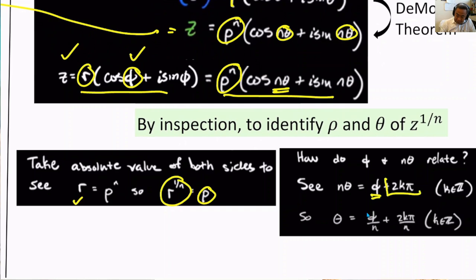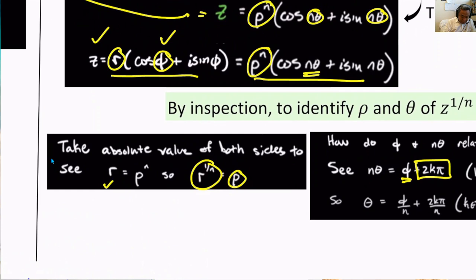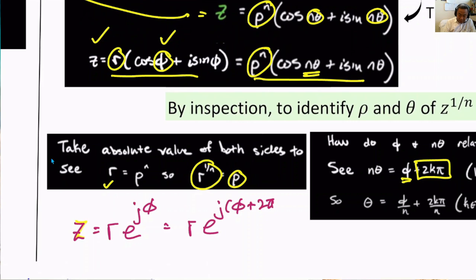So where is this 2k pi coming from? Remember that when we have phi and we add 2 pi or 4 pi or 8 pi, it is the same z. Let me explain. If z is equal to r e^(j phi), isn't this the same as r e^(j(phi plus 2 pi))? Because nothing changes when we add 2 pi to this phi.